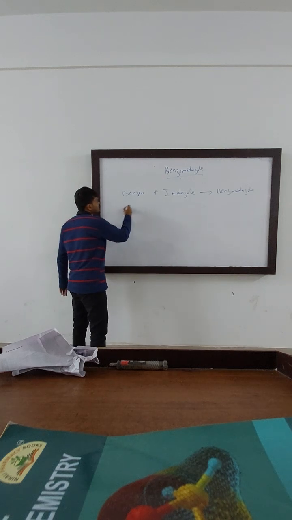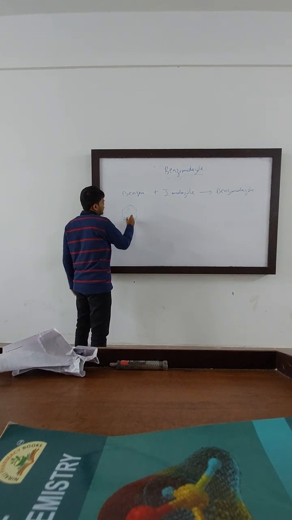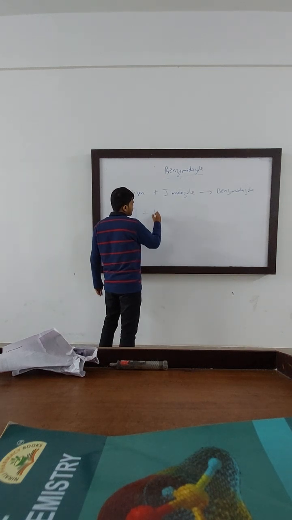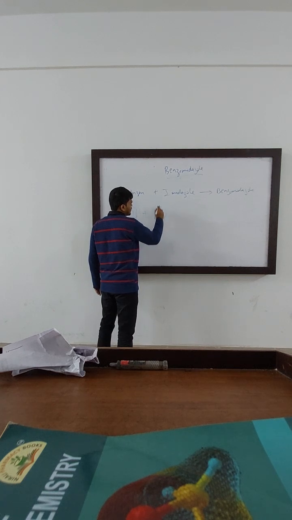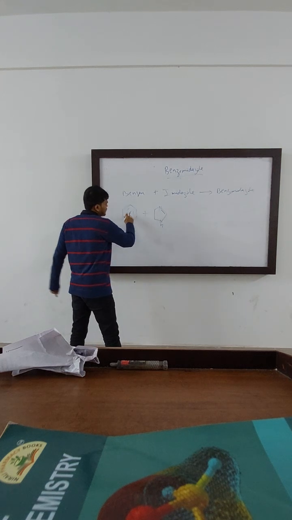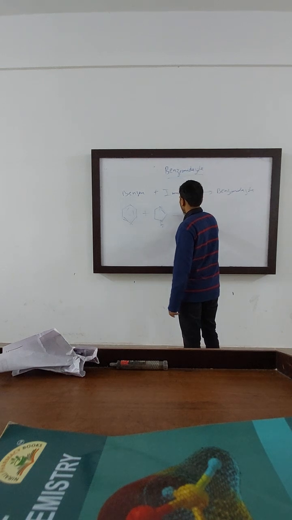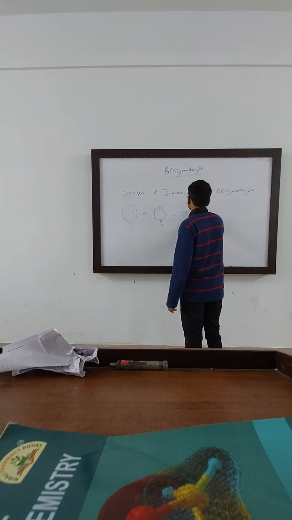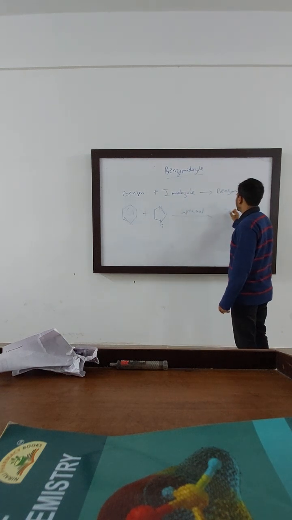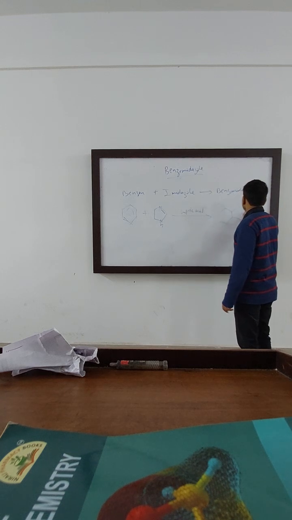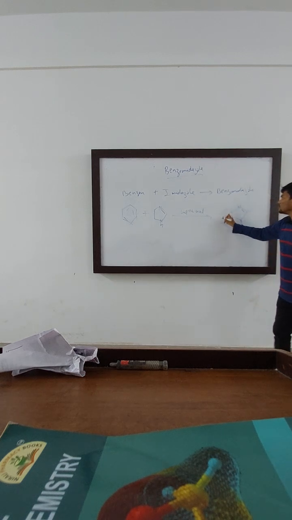It is a cyclic structure, and it is combined with imidazole. Imidazole is a five-membered ring where nitrogen is attached. When they join in the presence of an acid, it forms this compound. So this is known as benzimidazole.